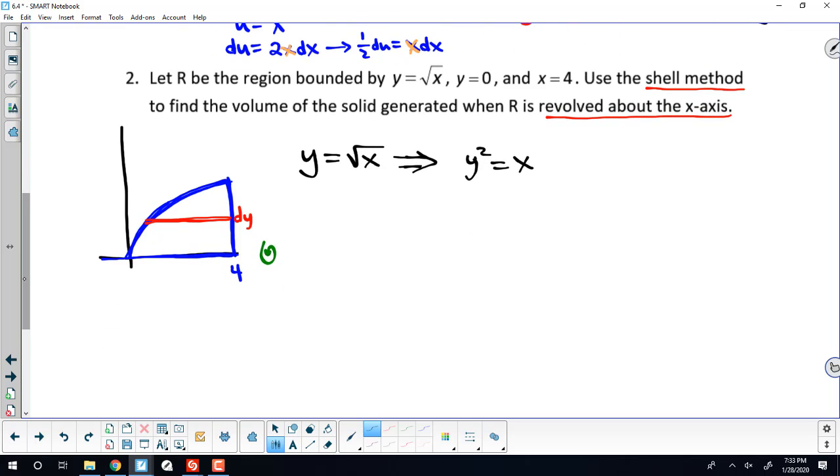So what's our radius here of the shell? Y minus 0. Y minus 0? Do y'all agree? Let's draw this region here. Sort of visualize it a bit further.